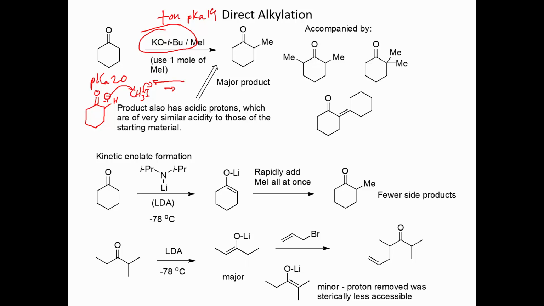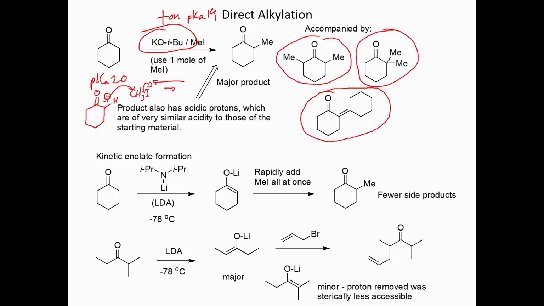Sometimes this procedure works, but often it's complicated by over-alkylation. Here are some byproducts we could make. We could make a variety of products from putting two methyl groups in there. Another carbanion-based reaction is the aldol condensation, so we might make this aldol product here also as a byproduct. So this is usually not the preferred way to do a direct alkylation because of these competing processes.